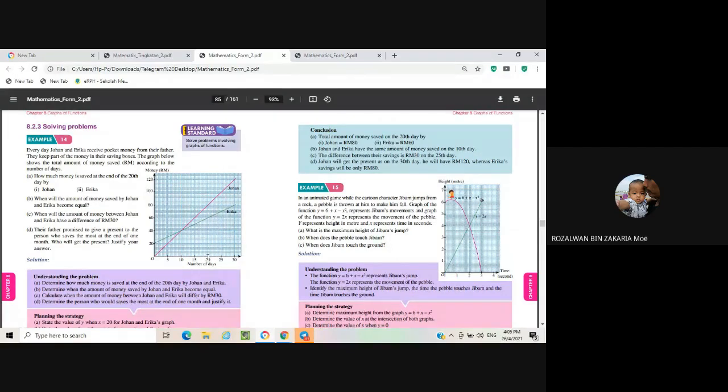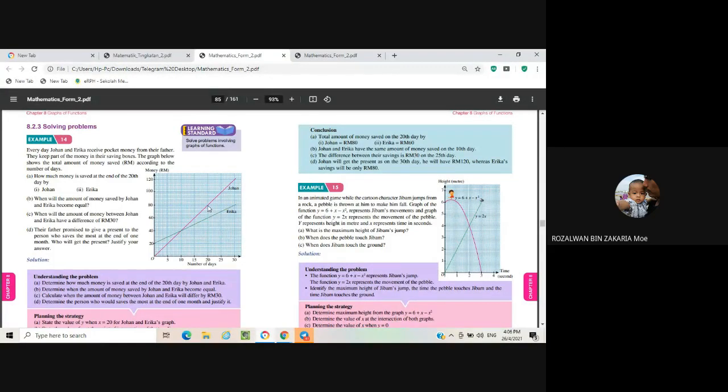Then you have to draw a vertical dotted straight line until you reach the Johan graph. As you can see in the diagram, we have two graphs labeled Johan and Erica. For Johan, at day 20, you draw a vertical dotted straight line until you reach the graph for Johan.